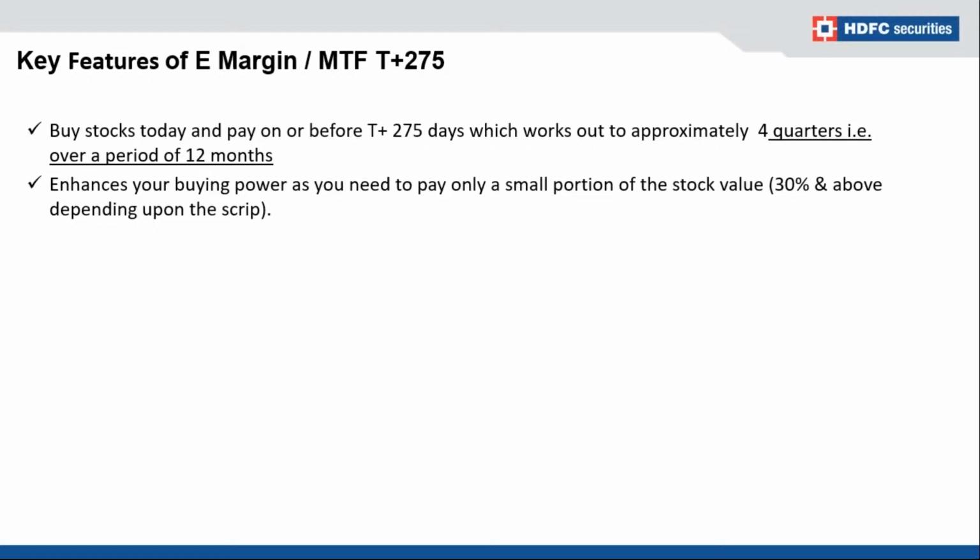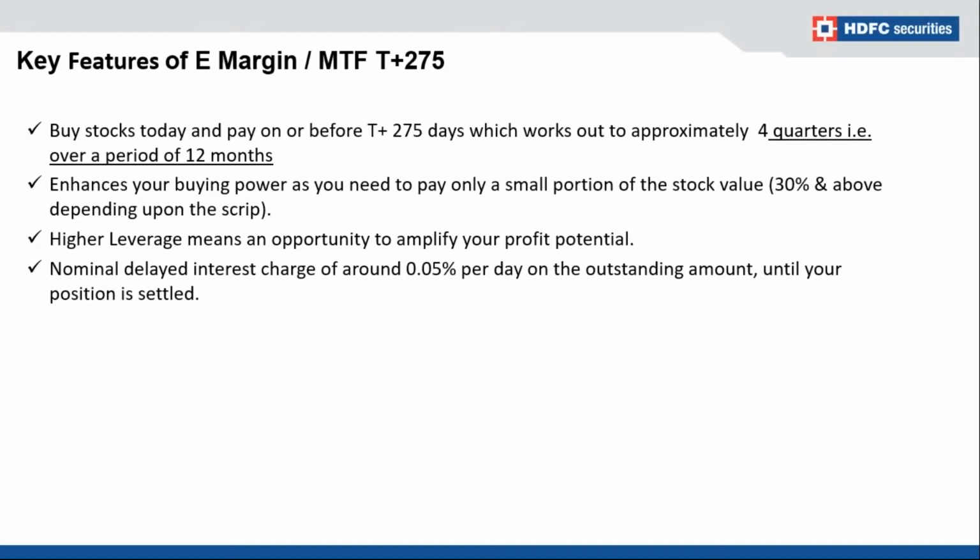If you fail to square up the position before 2:45 p.m. on T plus 275 day, it will be squared off, and you will be liable to pay the mark to market loss arising on the open position under e-margin on a daily basis. It will also amplify your profit potential. We will discuss how you can create maximum profit with the help of this particular product.